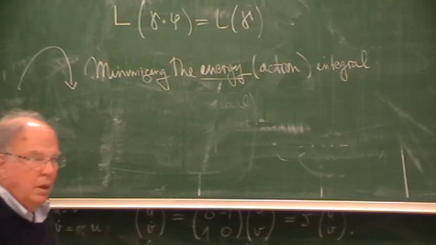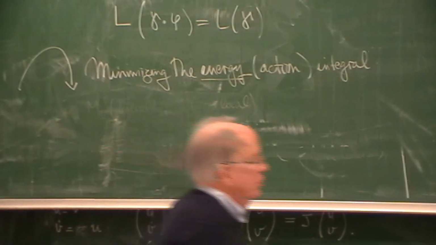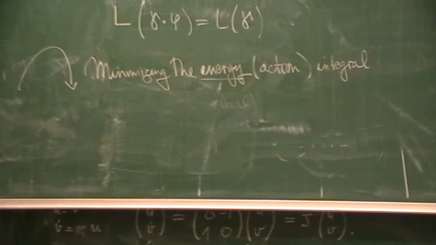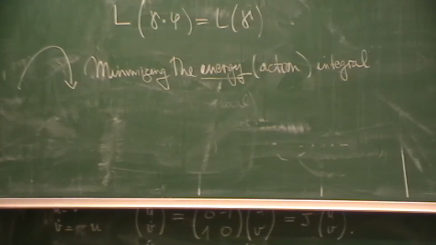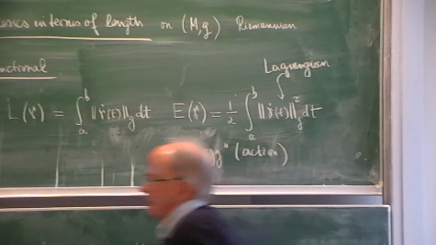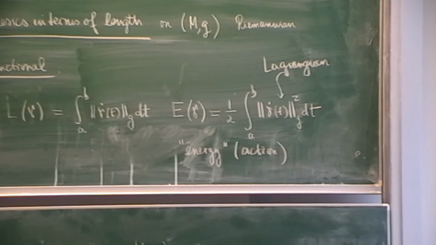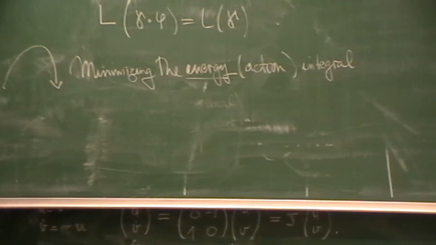And it's a heck of a lot better to do that with that square there, for one thing. And it turns out, conceptually, it's also better. So this is the thing to consider. The energy integral or action integral. So again, the physicists were right. They know that.